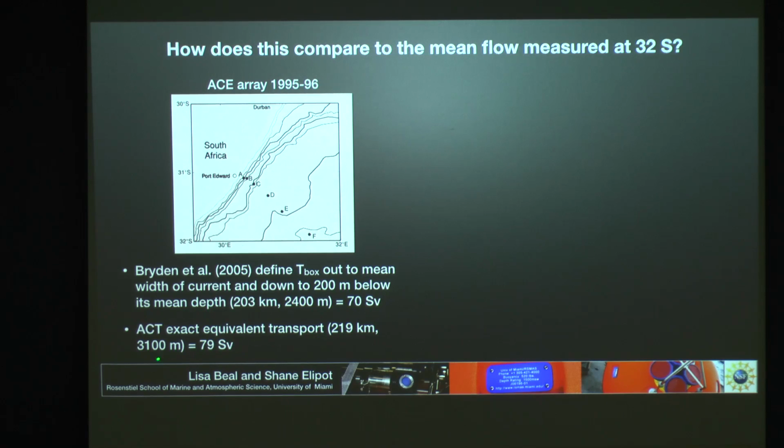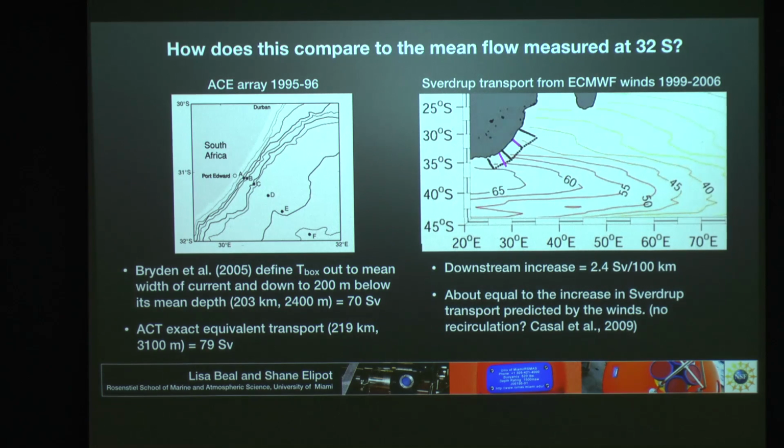So we did the exact equivalent transport at the ACT array to try to get what the increase is, and we found a mean transport of 79 Sverdrups. And if you look at the increase of the Sverdrup transport from the winds over that region, then you get about the same, a 9 Sverdrup increase, okay?